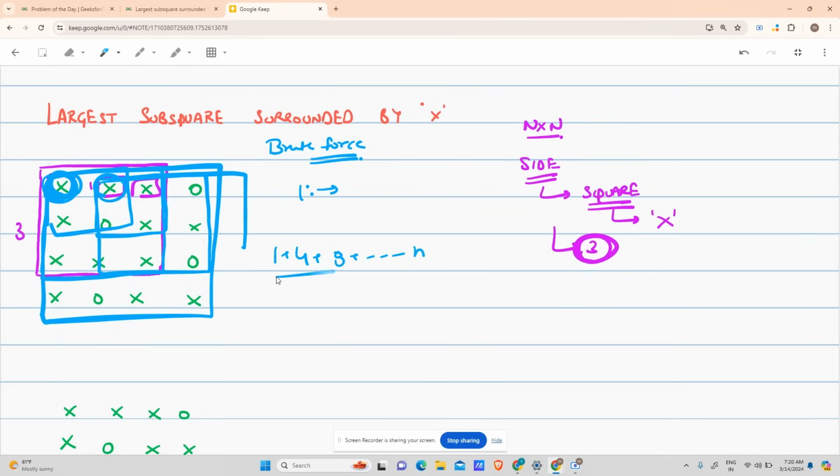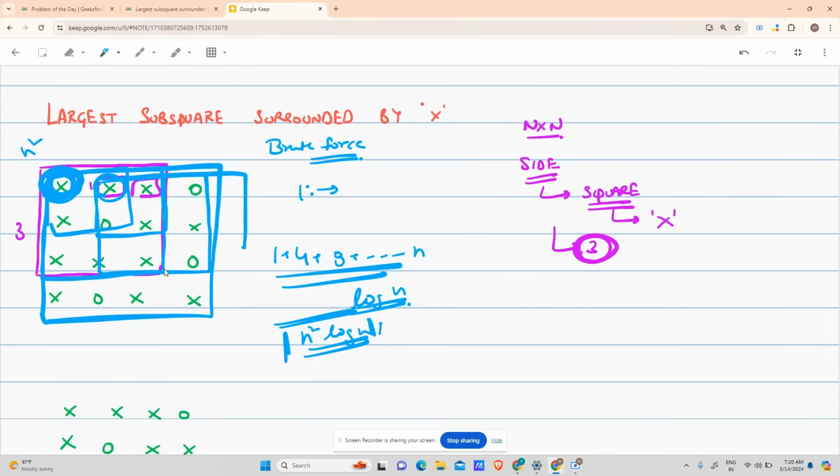That is, it is taking log n time for one element. There are n square elements, so it is taking n square log n. Pretty inefficient, right?